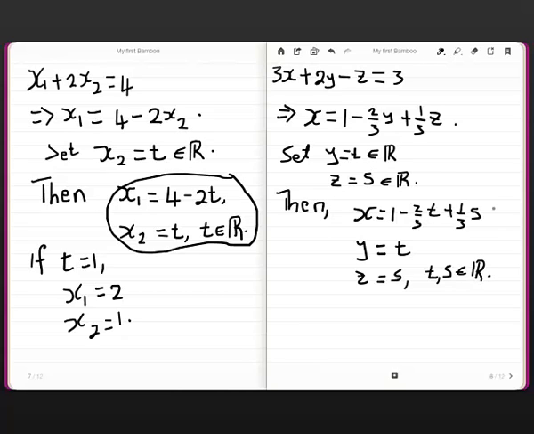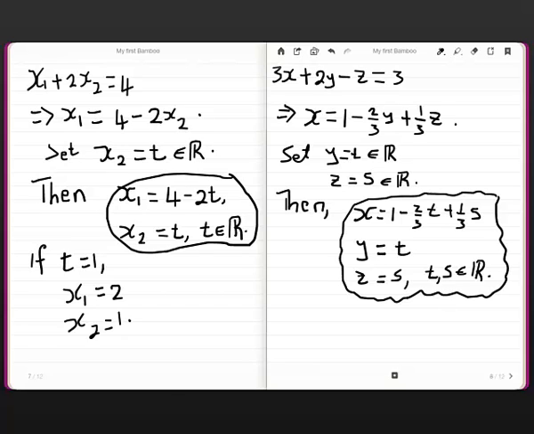Okay, this also, just like the first case, is a parametric representation of the solution set, and we can get as many particular solutions as we want. If we set t equals 0, s equals 0, then x will be equal to 1, y will be equal to 0, and z will be equal to 0, and so on and so forth.